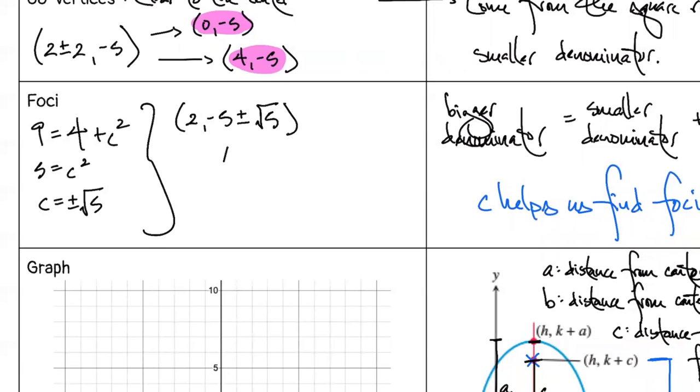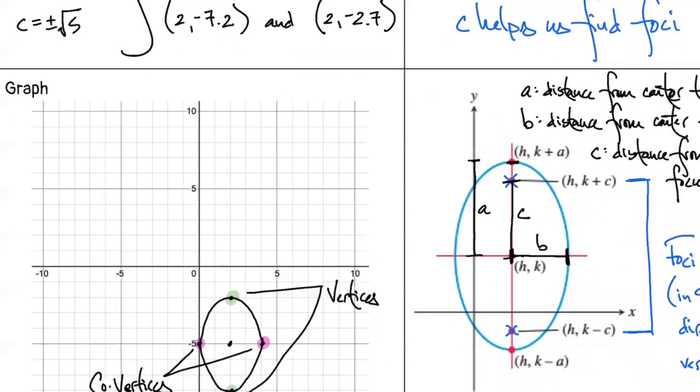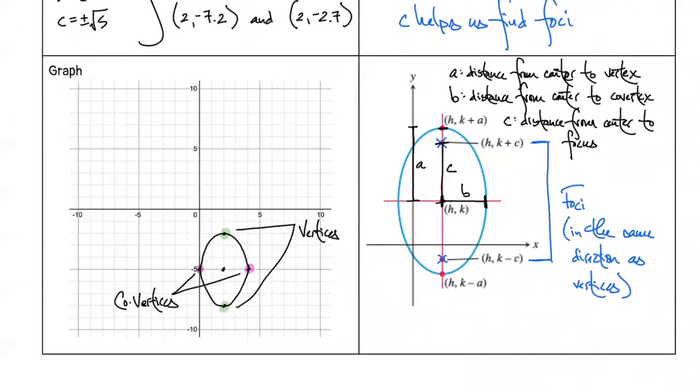And since I am asking you to graph, it might be nice to turn it into a decimal just for graphing purposes. And I believe we get 2, -7.2 and 2, -2.7. And so we can graph these on here. Negative 7.2 will be somewhere around here. Negative 2.7 will be somewhere there.